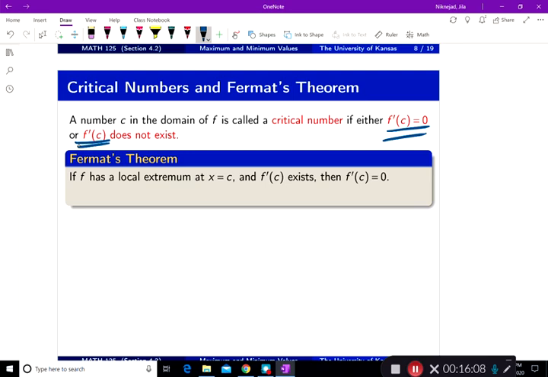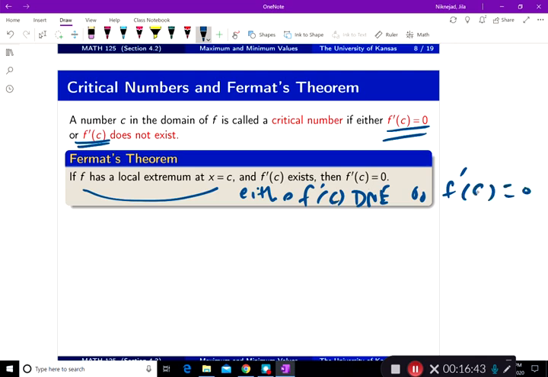Fermat's theorem says if f has a local extremum at x equal to C and f prime of C exists, then f prime of C equal to 0. So remember how it's worded. If f has a local extremum, you can also write it that either f prime does not exist or f prime at C is equal to 0.